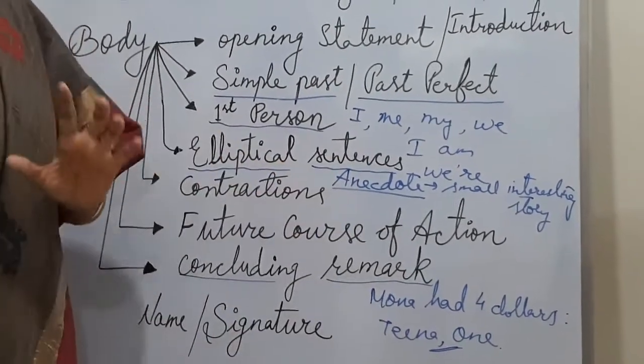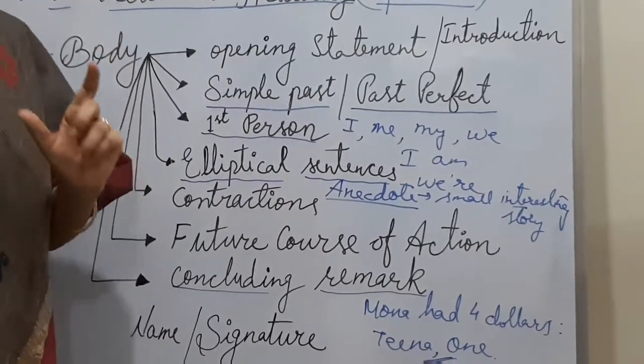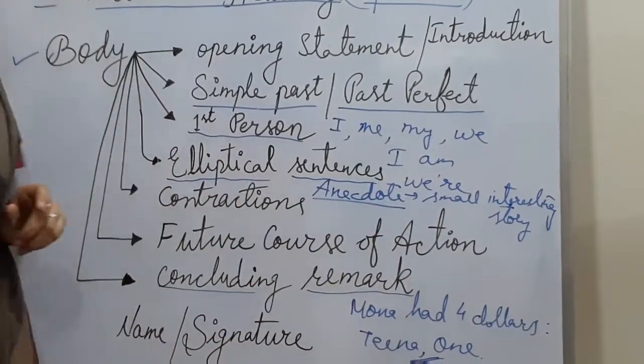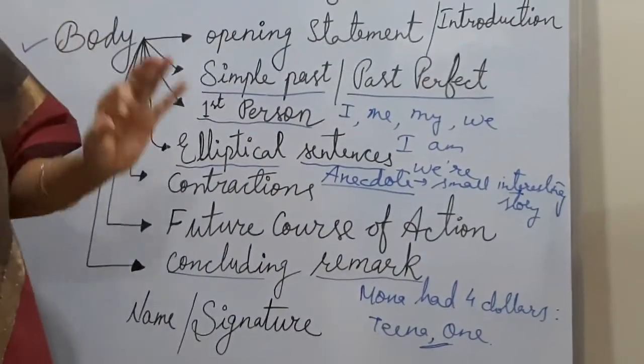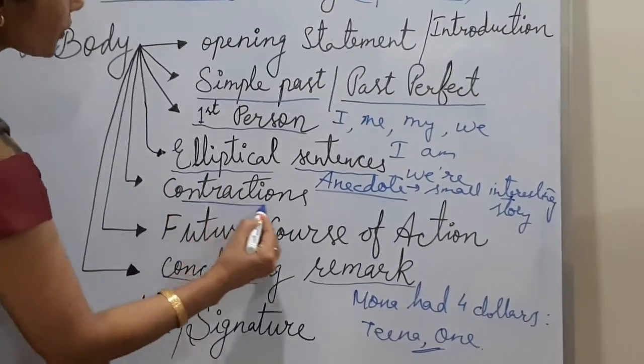So that is a type of anecdote. An anecdote is a very small, interesting story, and this story should be related to a real person or a real place.